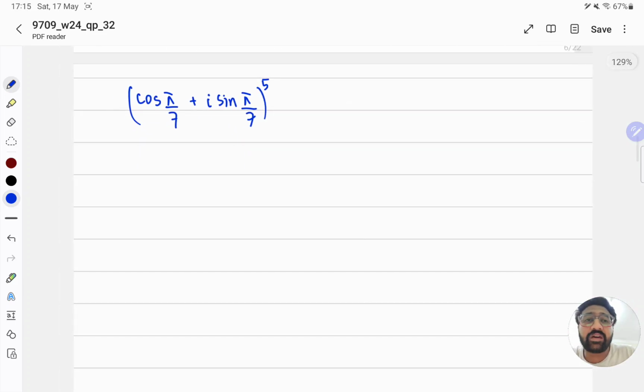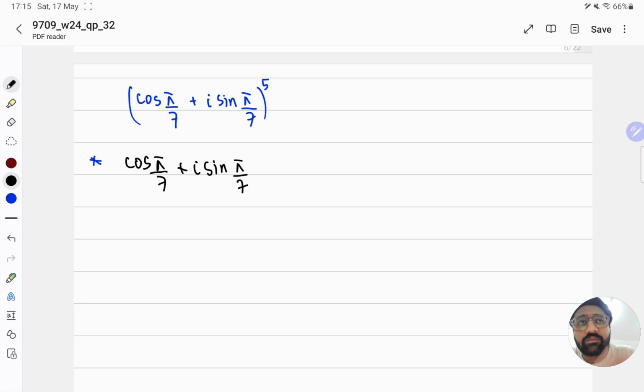So for the complex number, let's do it without power first. If it was without power, then I'll come on to the revision of that thing. If we have multiple complex numbers which are multiplying, what to do with that? So if we have cos pi by 7 plus i sin pi by 7, we know that the modulus is 1.